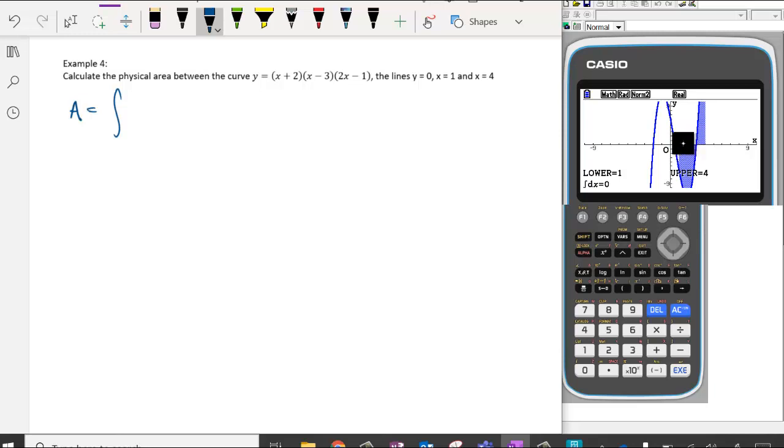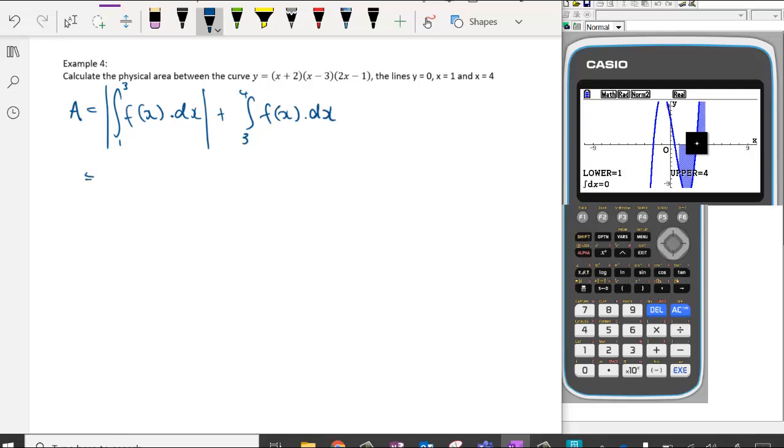Now it's negative between 1 and 3. So if we go 3 and 1 and we make this absolute value of our function, with respect to x, and then we can add in the integral between 4 and 3.